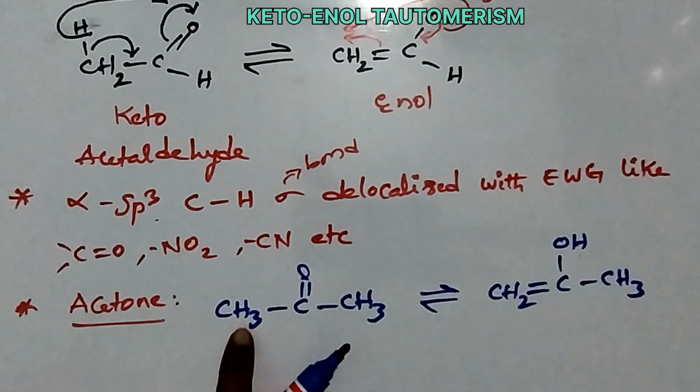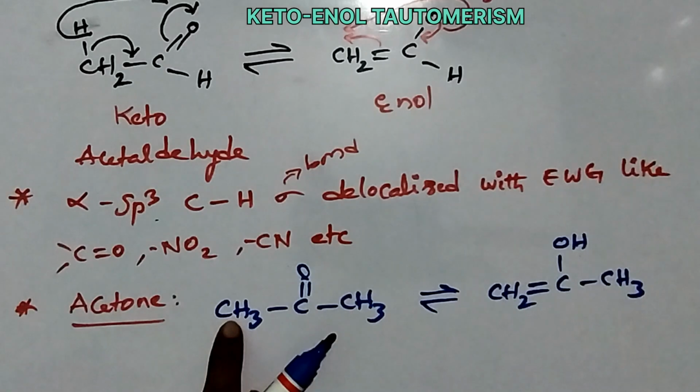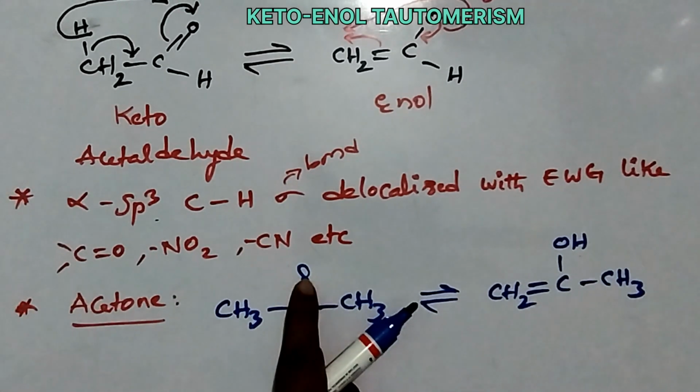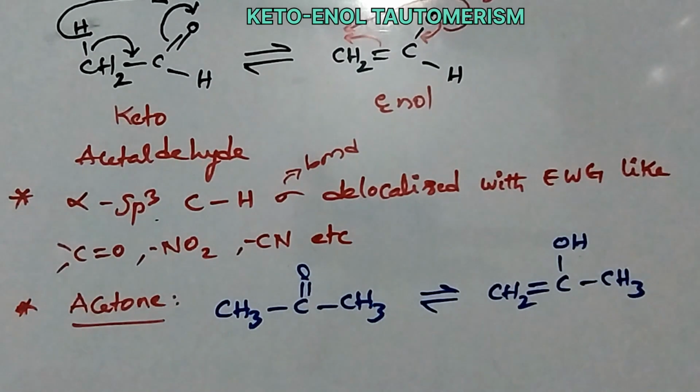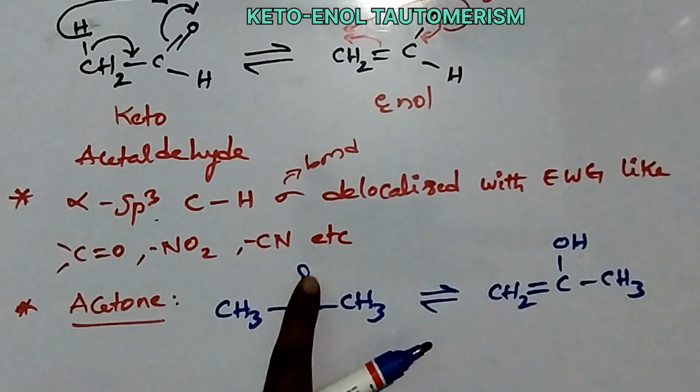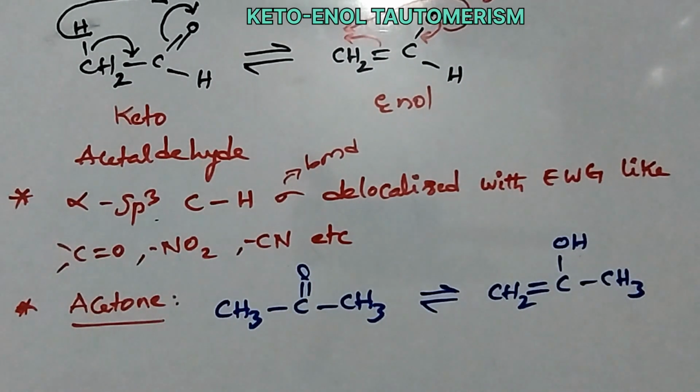So one hydrogen from any one of the CH3 is shifted to the oxygen atom. So it is nothing but proton shifting isomerism also. The H plus ion shifts to the oxygen place, so O minus is taken up by the H plus ion.